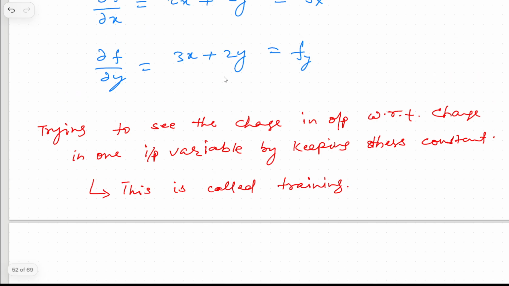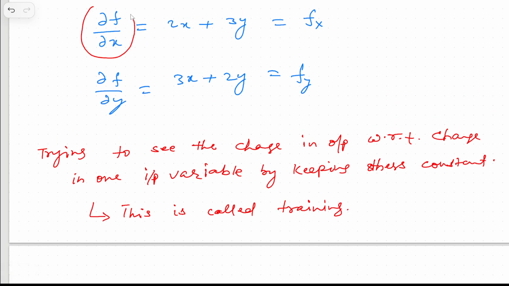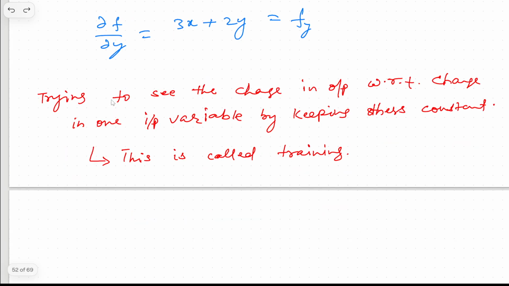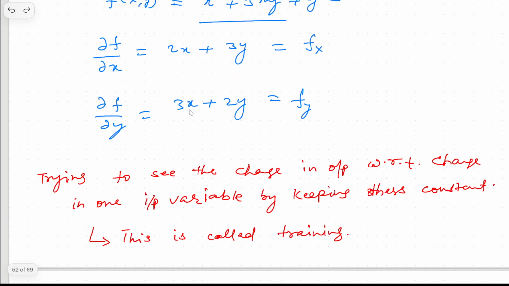So when we calculate del f by del x, that means we are trying to find how the output is fluctuating if we change only the x input, the first input, and we keep the second input, that is y, as constant, then we observe the fluctuation in the output. That's what this partial derivative means. Training means we are training the model based on changing the input and observing the output.